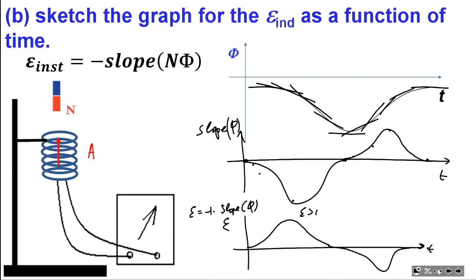Now, for the first part, EMF is positive. For the second part, EMF is negative, or electric current, positive or negative. The first part is when the magnet is approaching the loop of the coil and eventually reaches the middle point.